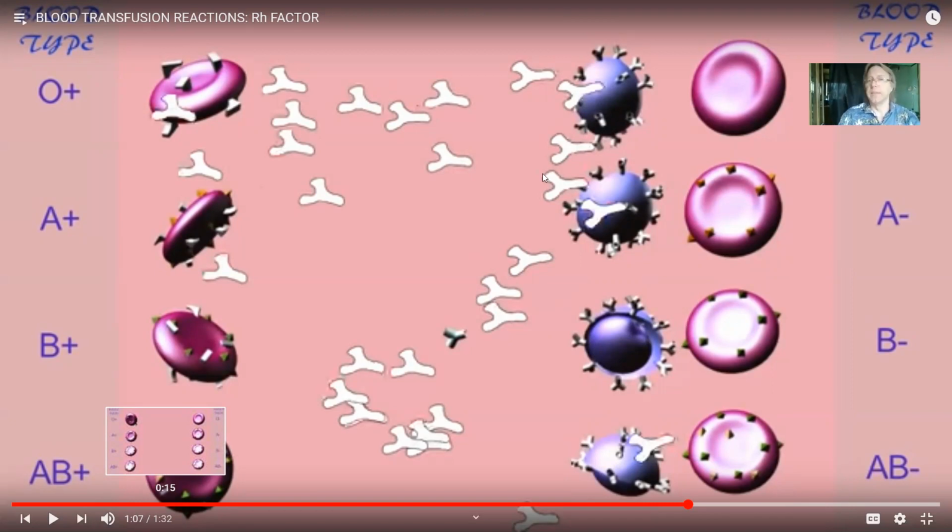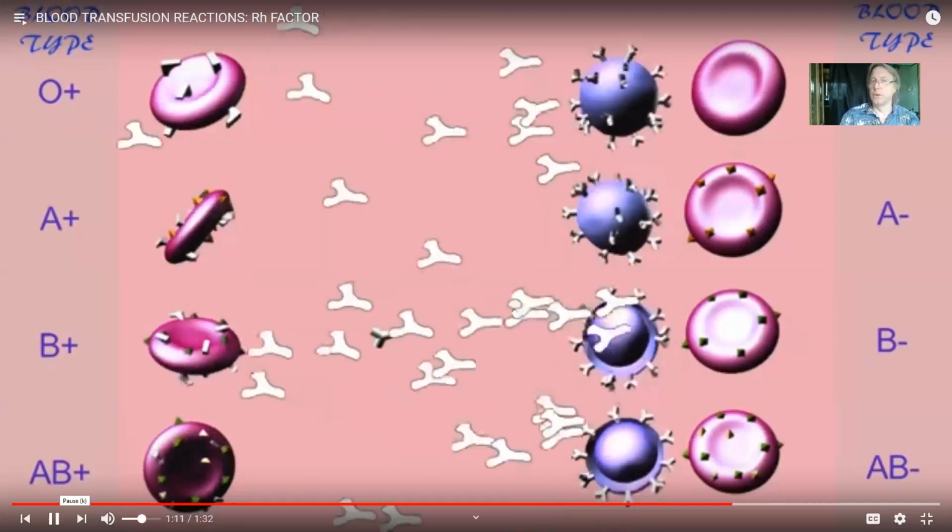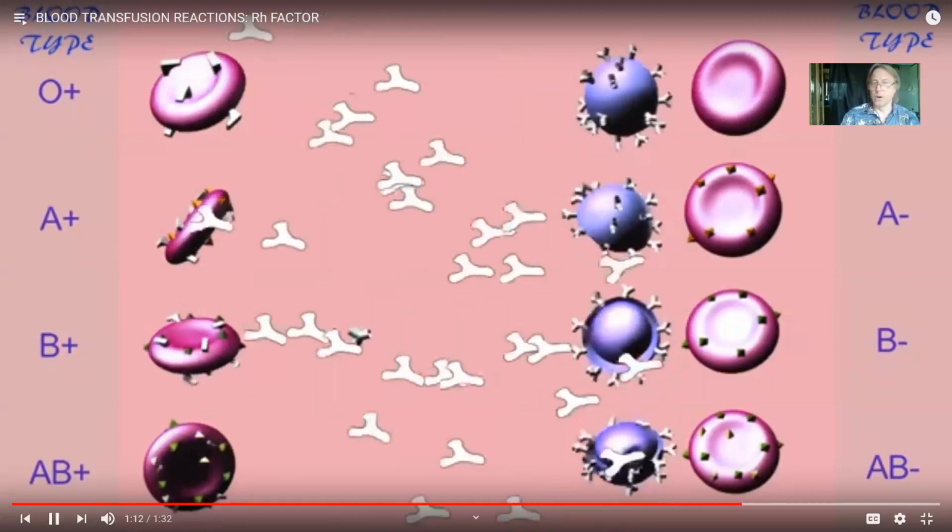In the same way, if these individuals got a transfusion from someone who was Rh positive, they weren't looking for that the first time. They weren't making all of these white antibodies against Rh positive the first time. They were taken by surprise. But once they got that first exposure, then in the future, they would make large quantities of these anti-Rh antibodies.